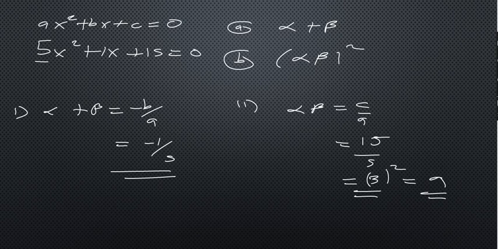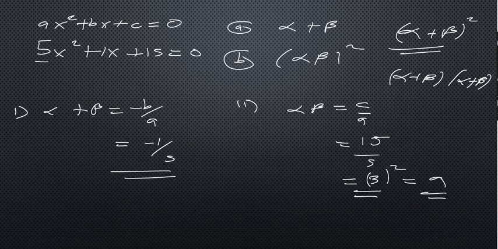But for this one, if you have alpha plus beta, then you square it, this one is going to be different. If you find this one, you're not supposed to square, because this one is same as what? Alpha plus beta. Then again, alpha plus beta. Then you multiply them. Okay?